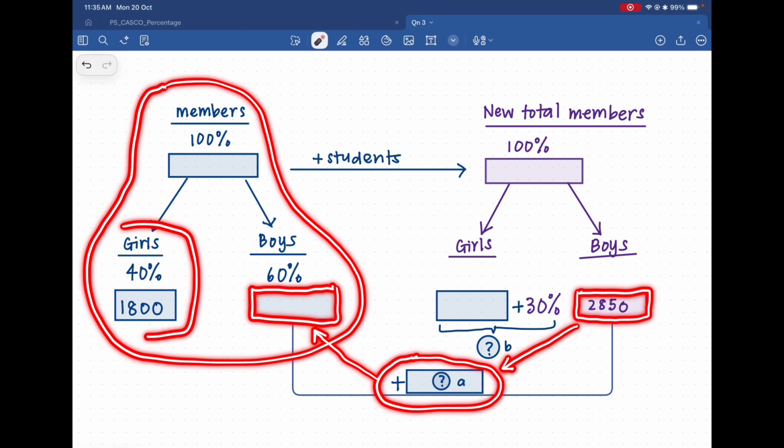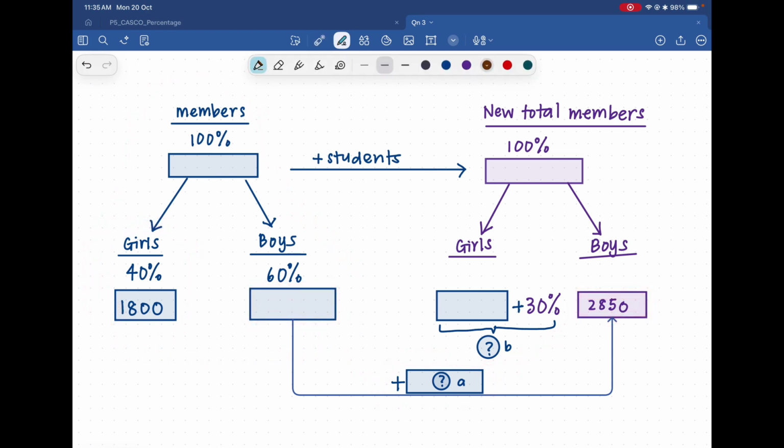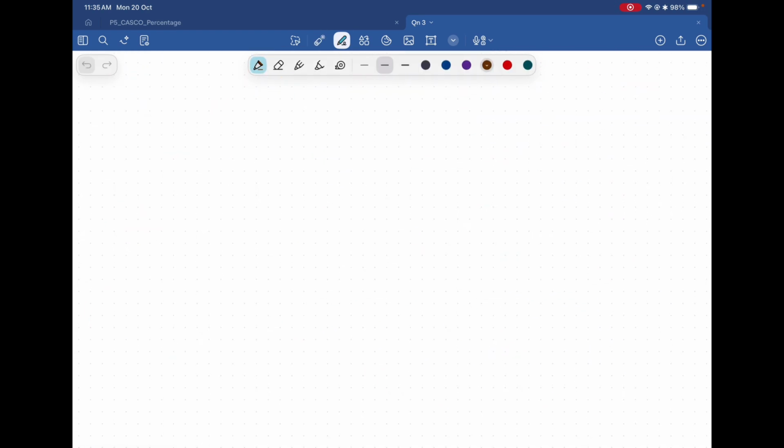We found out that 40% of the members are girls and it's represented by the number 1,800. Let's write a statement about that. 40% of members are girls and there are 1,800 of them.